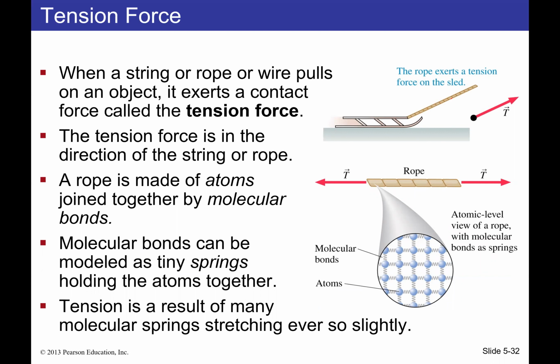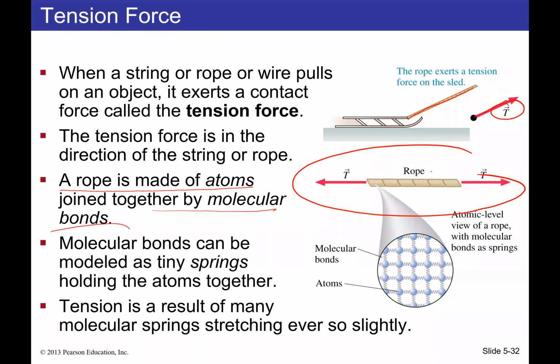You can see here's a rope, and that's the direction of the tension force, given as capital T. The rope is made of atoms joined together by molecular bonds. Molecular bonds can be modeled as tiny springs holding the atoms together. So tension is a result of many molecular springs stretched ever so slightly. But a lot of times we can ignore that little bit of elasticity and assume that the tension in the rope is the same basically everywhere.